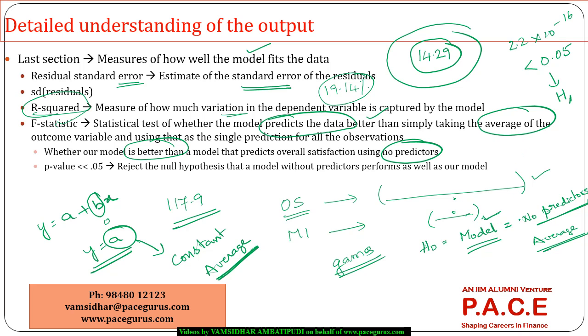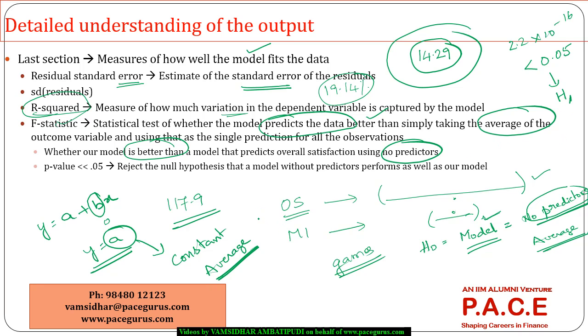But the alternate hypothesis says this model is quite a bit better than just taking a simple average of the values.